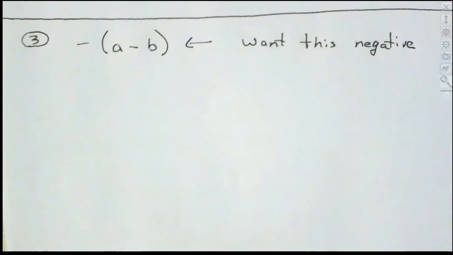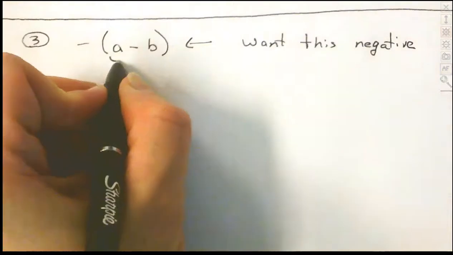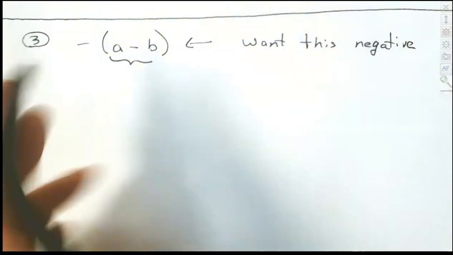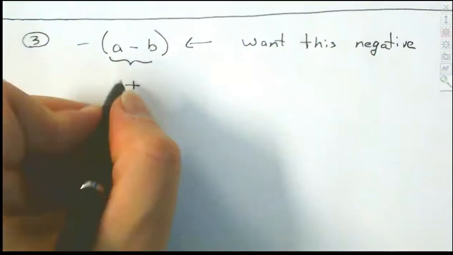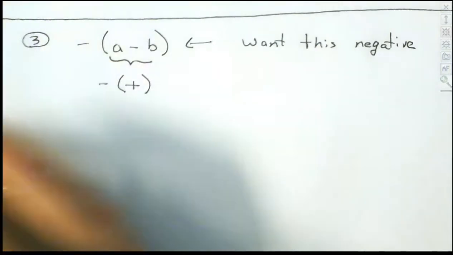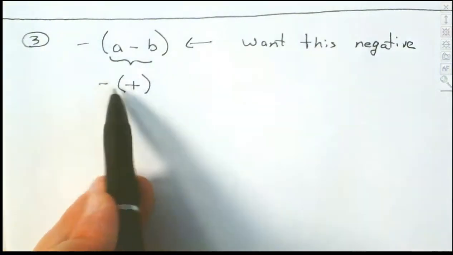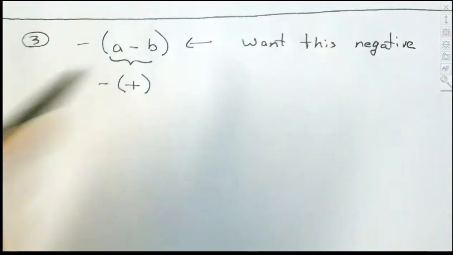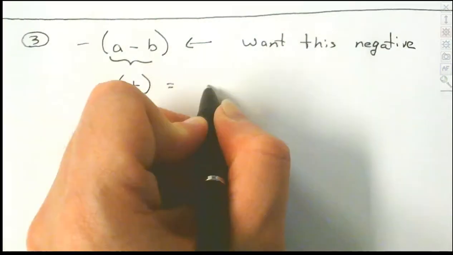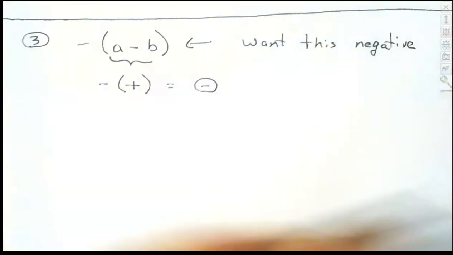Now, if I want this to be a negative final result, how could I get that? Well, if this part was positive, a positive from here times the negative out in front would make it then what? Negative.